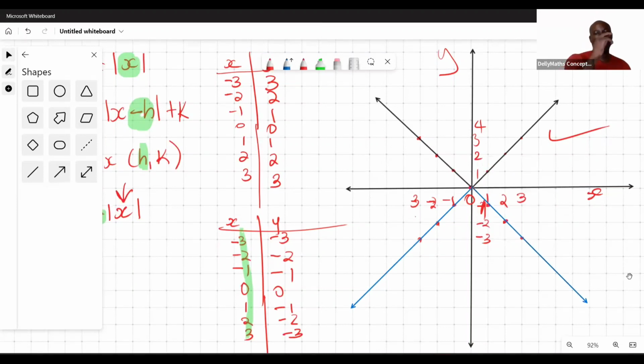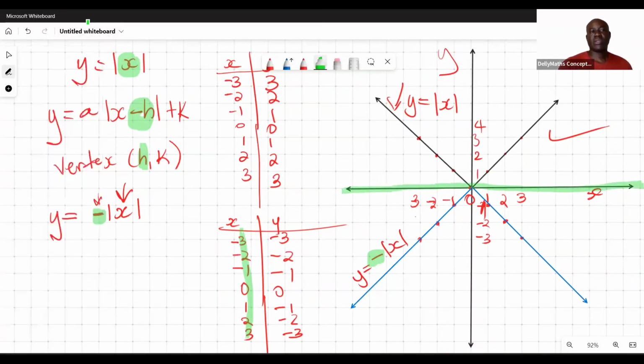The graph in black is y equal to the absolute value of x, while this one is y equal to negative absolute value of x. And you can see that what the negative sign does is reflect the mother function in the x-axis.